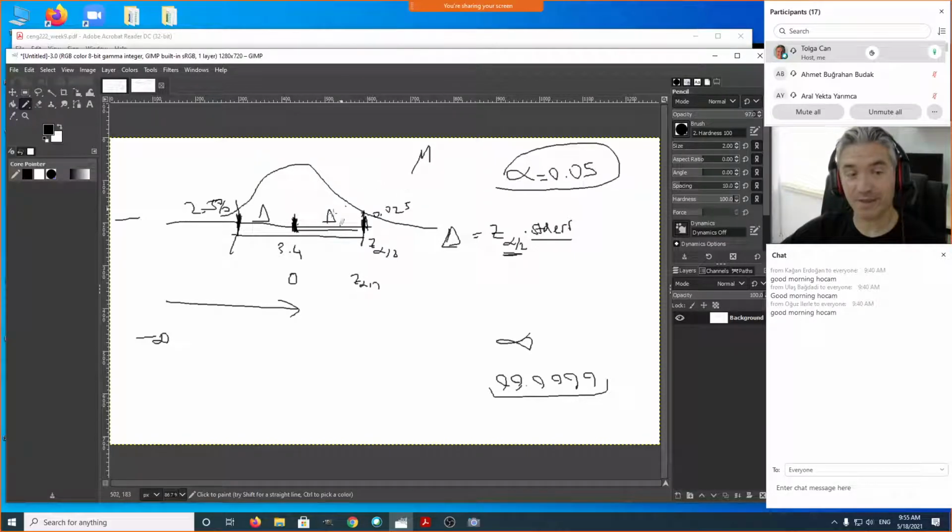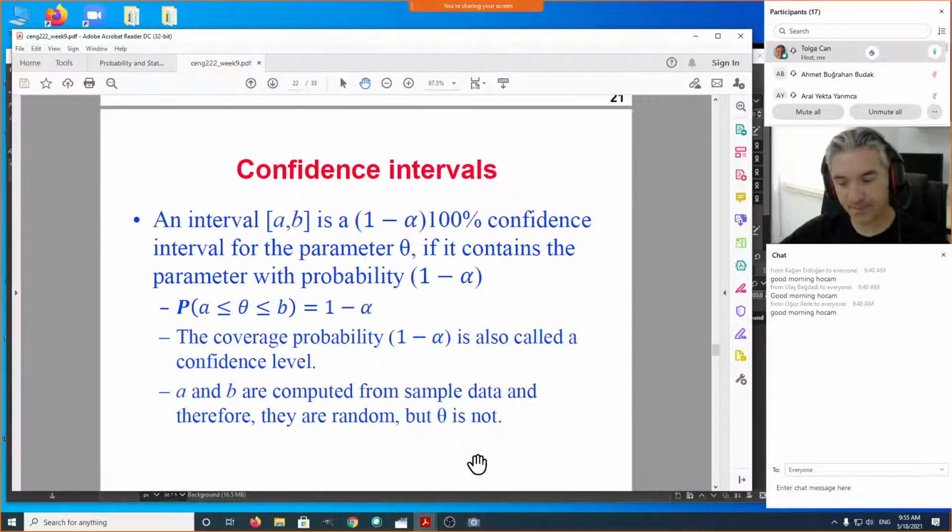For example, if you're estimating mu, it includes the real mu with 0.95 probability. This confidence interval is something that is random, while mu is in a fixed position, and this is the slide for that.